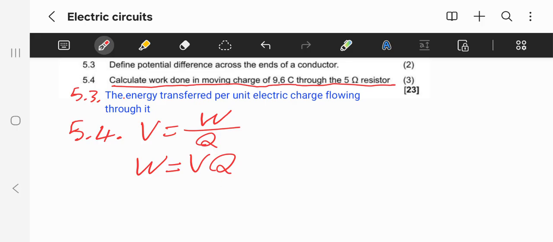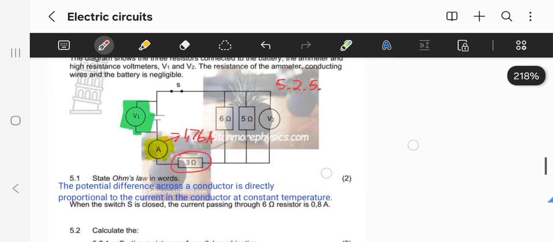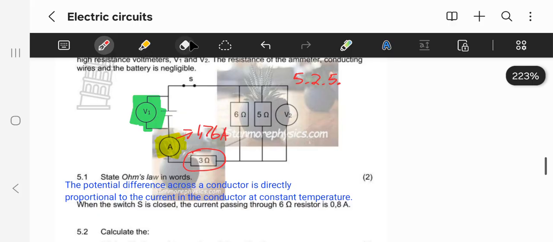Then from here we are going to substitute, but V is what? It's the potential difference, and if they are saying we have to find the work done in moving the charge through the 5 ohm resistor, that means we have to use the potential difference of the 5 ohm resistor. You will remember, guys, that we had actually found the 5 ohm potential difference.